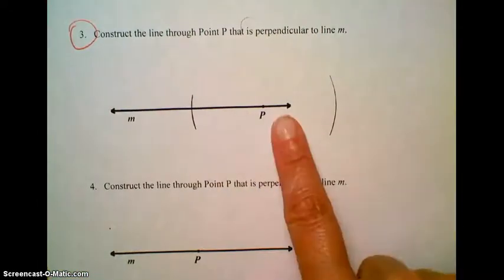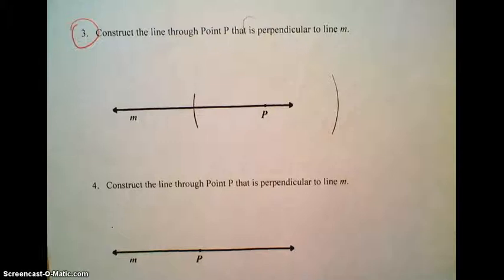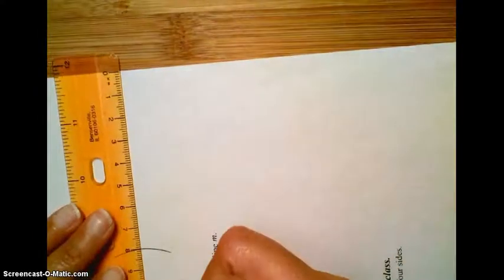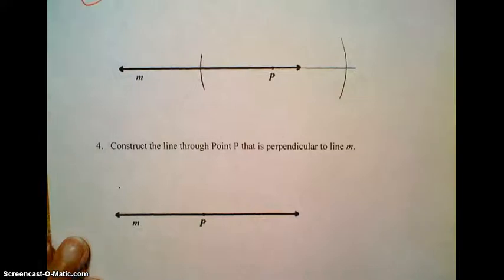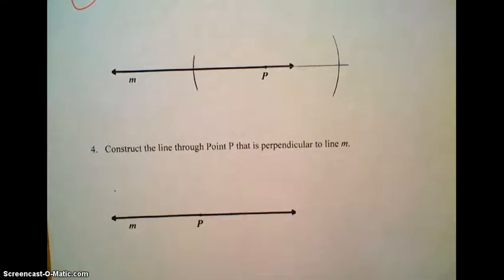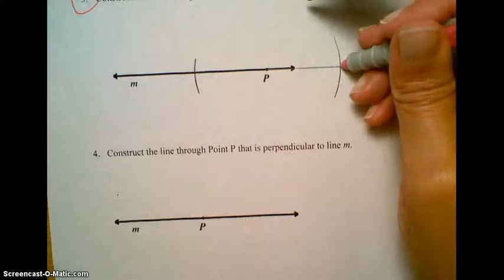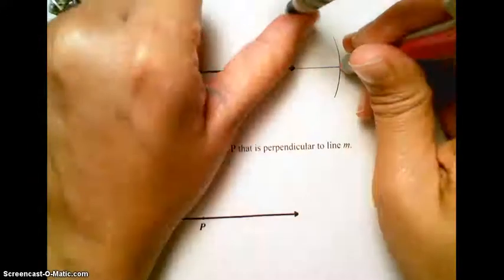Now, again, our line was not extended far enough, so we're going to take our straight edge, line it up, and extend our line to create a second intersection point. Then I take my compass and set it to a new, larger radius.